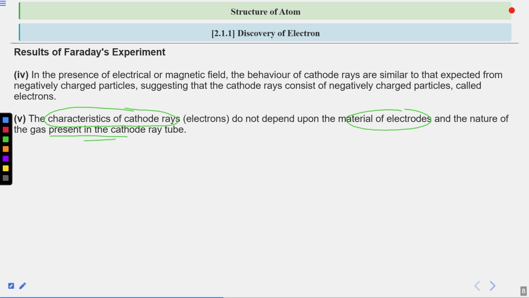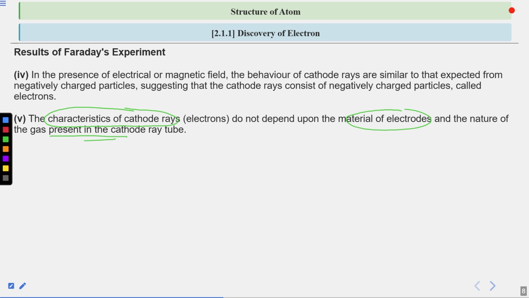So why do they release these electrons? See, the electrons are bound to the nucleus due to the electrostatic force of attraction, because negative and positive charges attract each other, right?